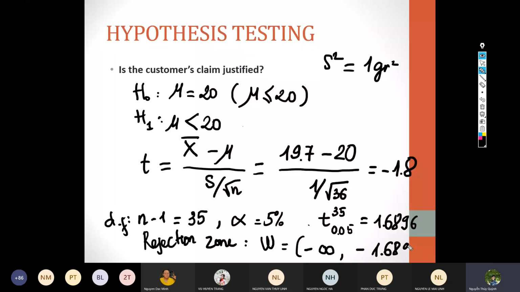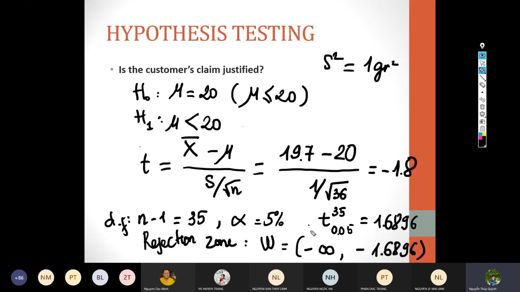As long as the observed value of the test statistic falls into the rejection zone, then we can reject the null hypothesis.